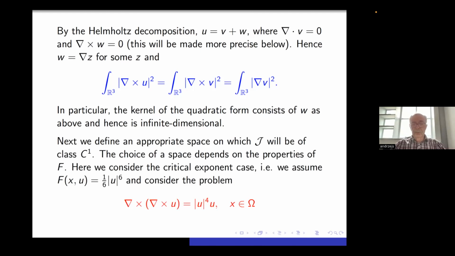And now, to introduce an appropriate space, well, this in fact depends on the choice of the function capital F. Here I want to consider the critical exponent case. So for us, F will always be equal to 1/6 of u to the power 6. And we consider this problem. This is what I mentioned at the beginning.